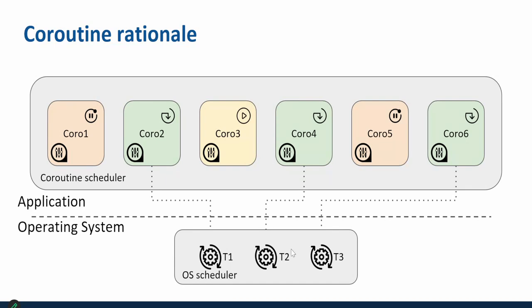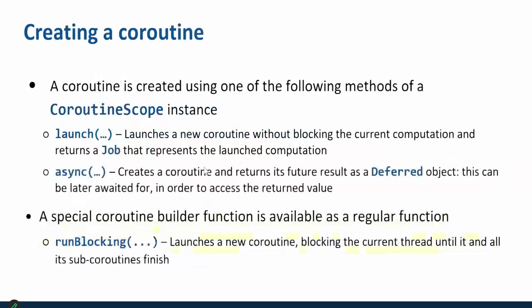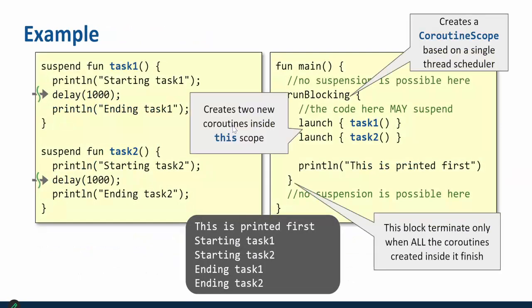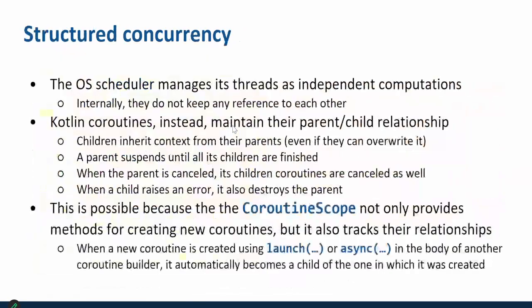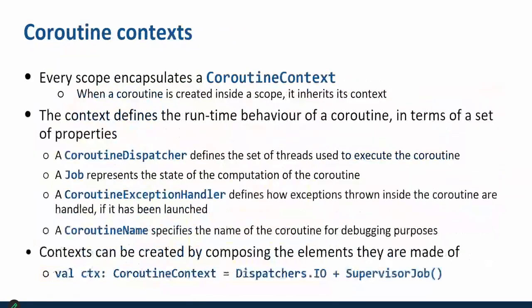So either on top of operating system threads or custom threads that you may explicitly invoke by, for instance, creating custom dispatchers and assigning the coroutines to each thread of the pool, or to use a dedicated pre-baked dispatcher in your Kotlin application.